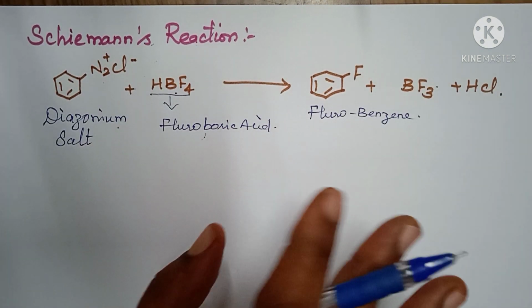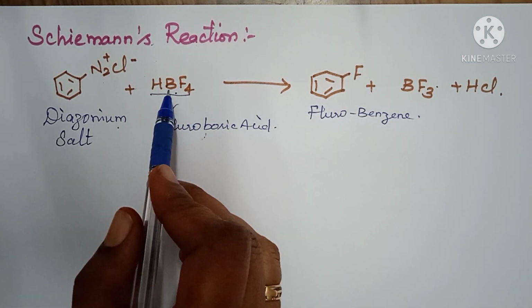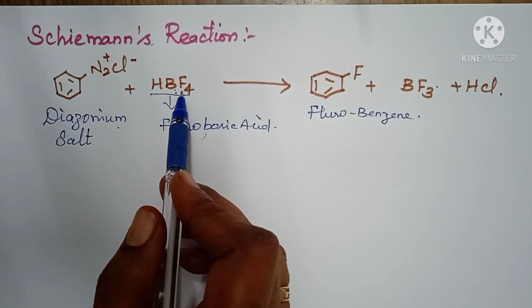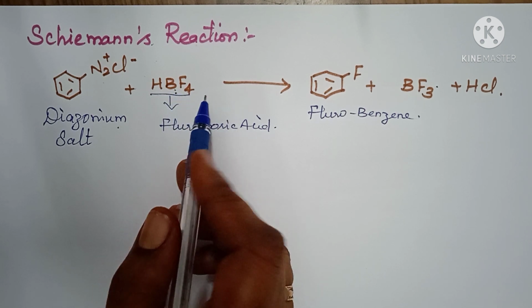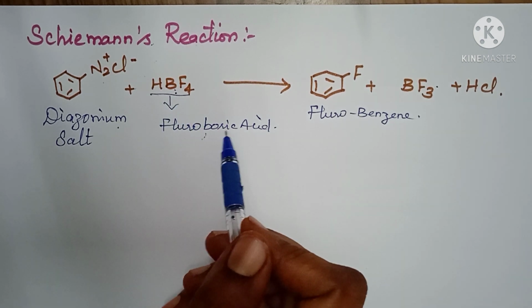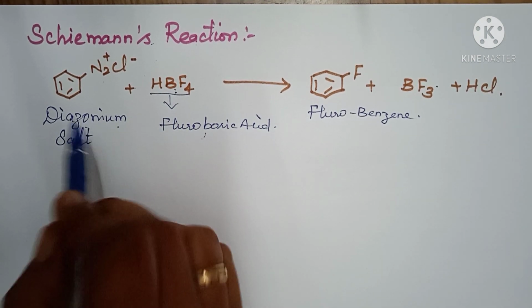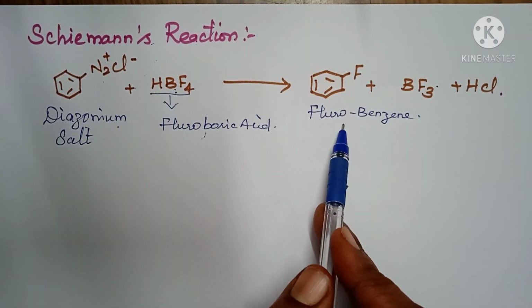So Schiemann's reaction means diazonium salts mixed with HBF4, which is tetrafluoroborate, another name for fluoroboric acid. When it reacts with the diazonium salt, you get fluorobenzene.